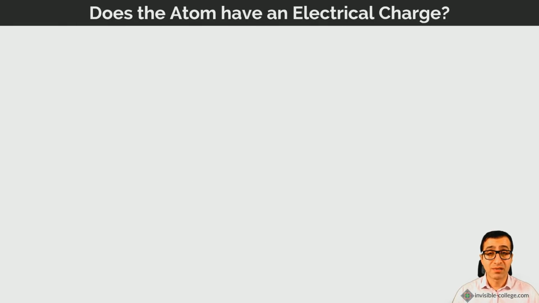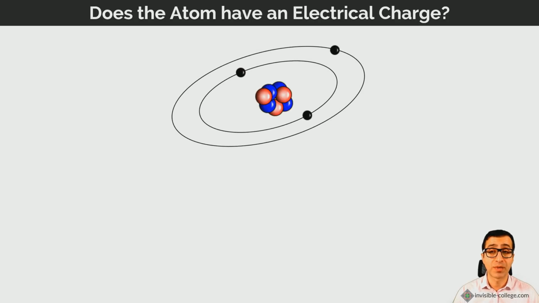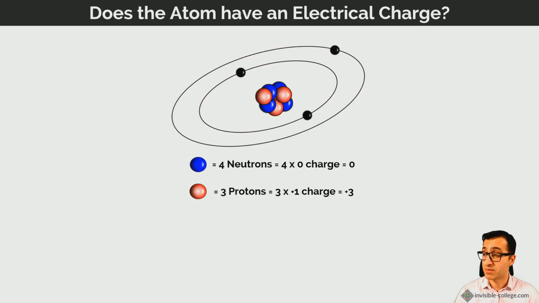So atoms are defined as particles containing an equal number of protons and electrons, and so atoms have no electrical charge overall because the positive charges on the protons exactly cancel out the negative charges on the electrons. So if we look at our lithium atom again, we have 4 neutrons which have no charge at all. They are neutral, they contribute nothing to the charge of the atom.